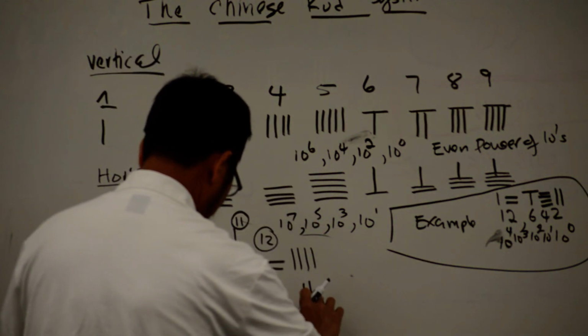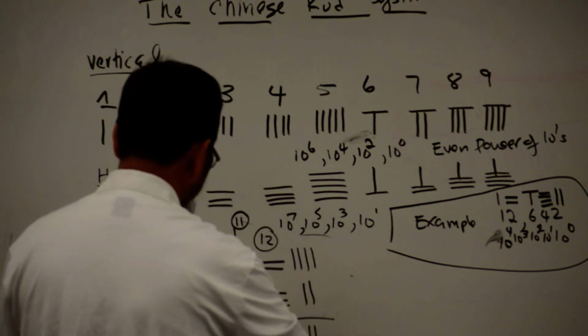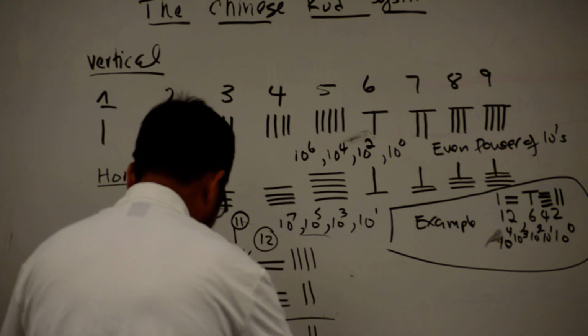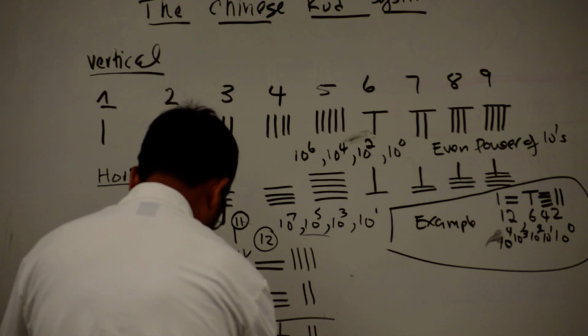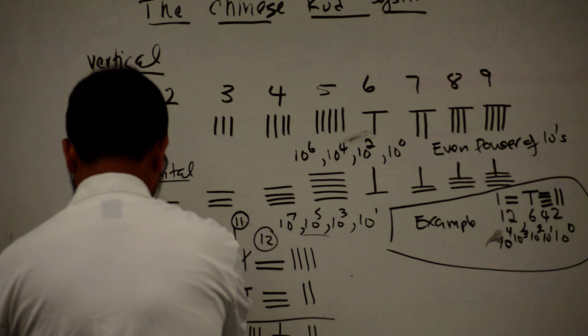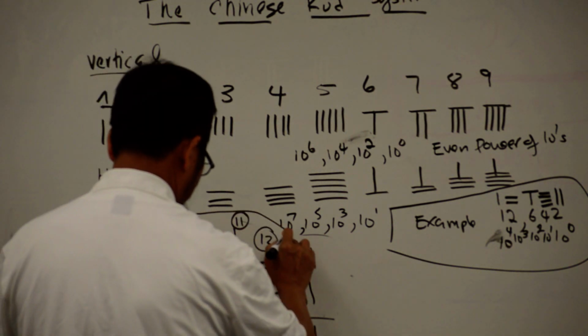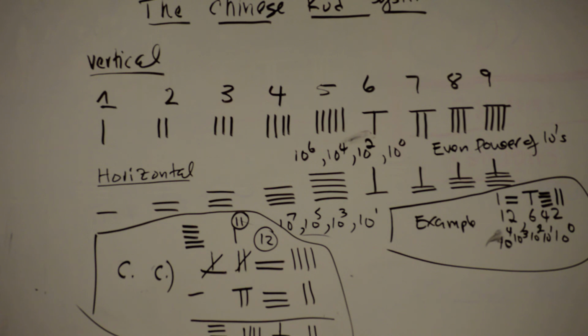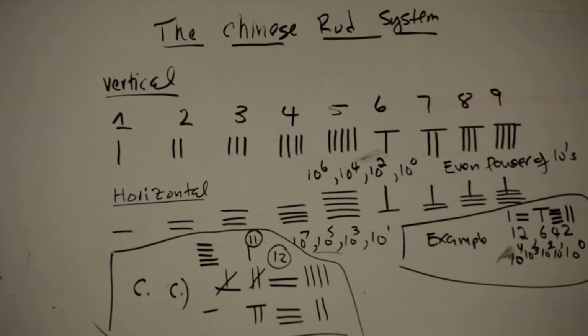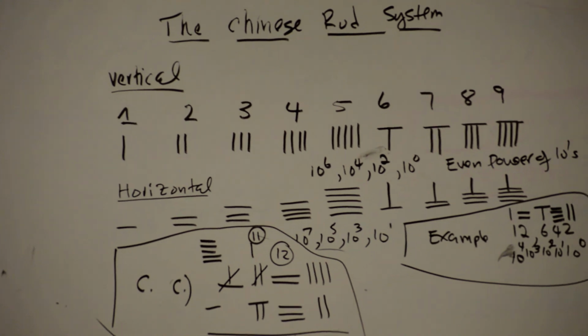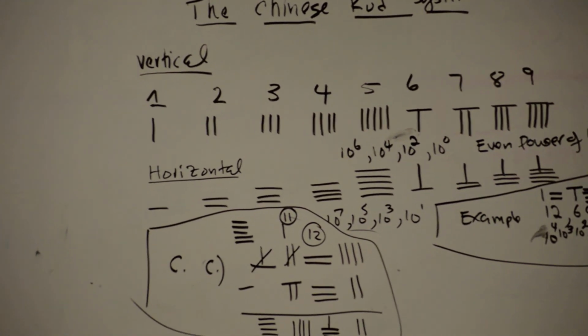So this is 10 to the first, 10 to the 0, 10 to the first, 10 to the second, so it's 4: 1, 2, 3, 4 and 1, 2, 3, 4, 5. That's your answer. Any questions or comments on the Chinese rod system? All right, I conclude my lecture on the Chinese rod system.